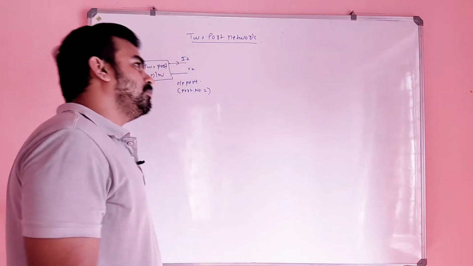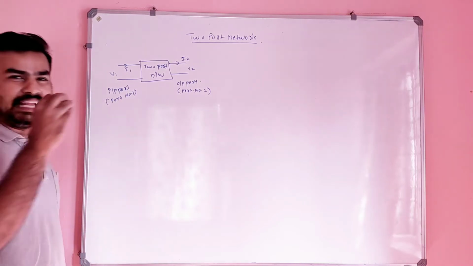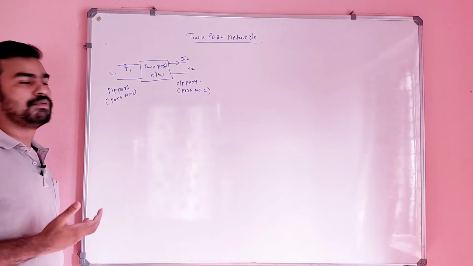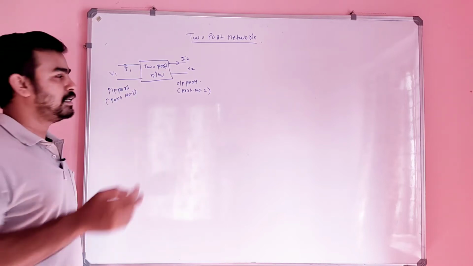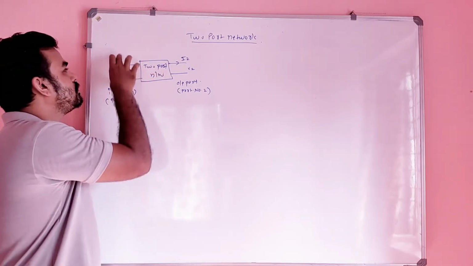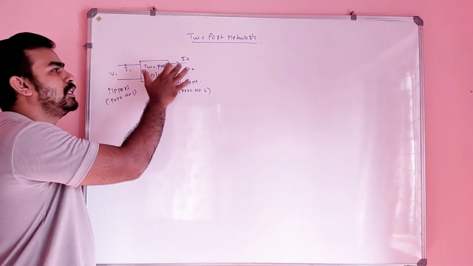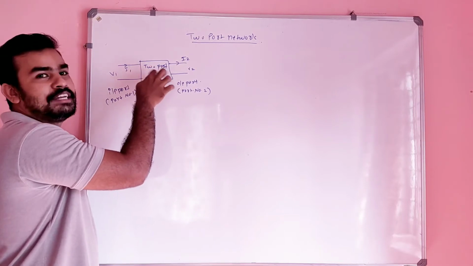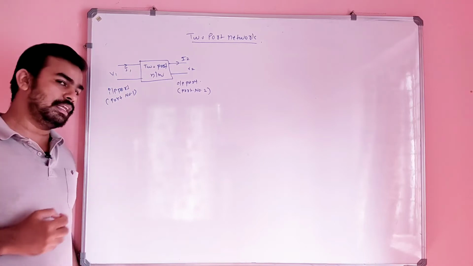Okay, this is all about the introduction of the two-port network. We are going to discuss the different types of two-port networks depending upon what is inside. The input and output ports are always the same, there will be one input and one output, but the network inside may vary.